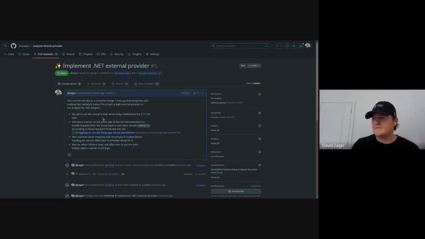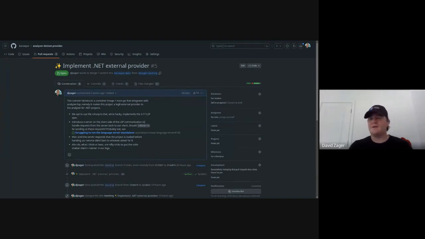Originally, we tried to use OmniSharp Roslyn, which was a project I think was started by some developers at Microsoft. We ran into issues with it not supporting the 3.17 version of the language server protocol. That caused some problems, so we used this C# language server, and we got it running.